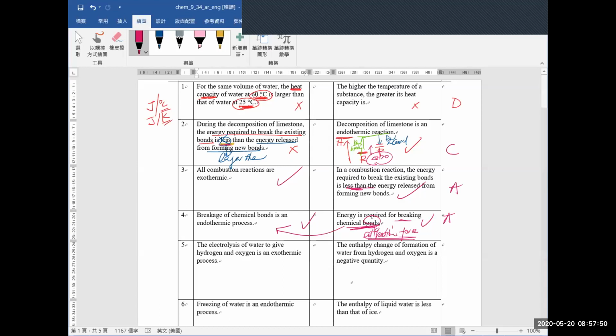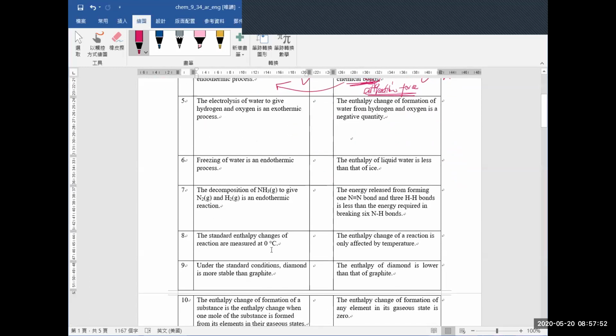Your choice please for question 5. The first one is not correct. The term is not exo, it is endo instead. How about the second? Negative quantity.